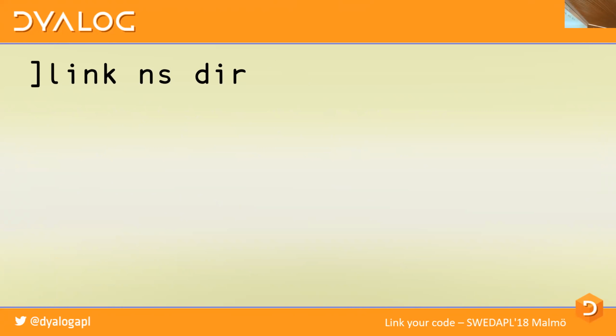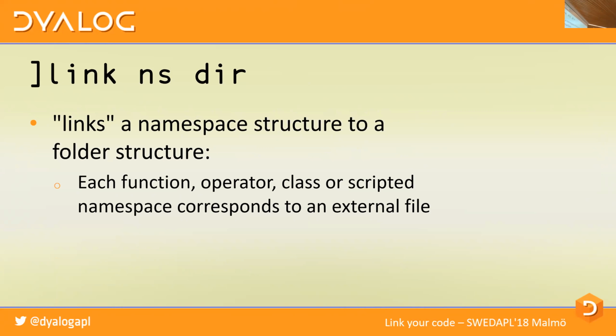And we're still arguing about what the name should be, because that depends a little bit on how you think about it. But what link does is it takes two parameters. One is the namespace, and the other is the name of a folder in the file system. And it assumes that every function, operator, class, or script namespace in the workspace will correspond exactly to one external file.